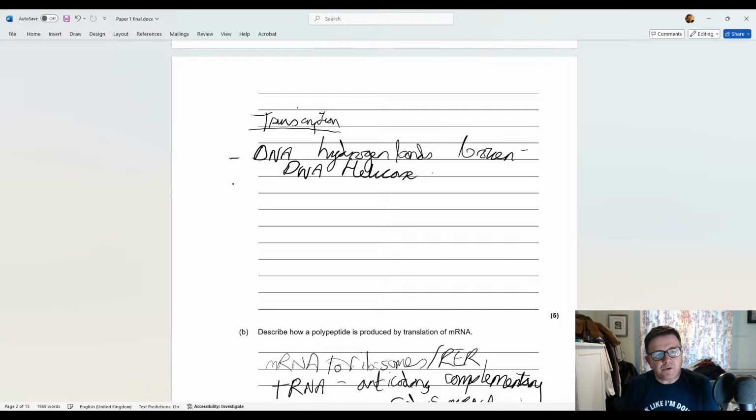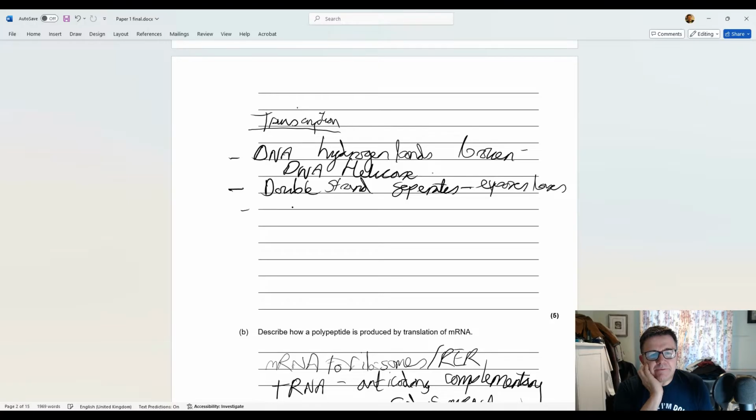That's number one. Secondly, the double strand separates and it exposes the bases.